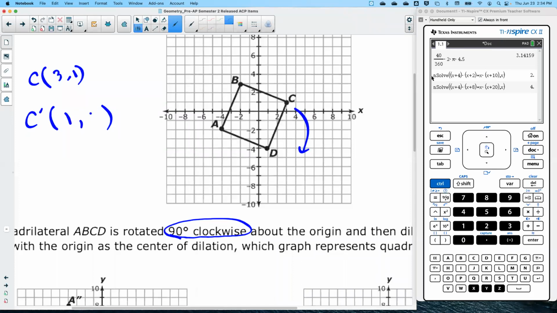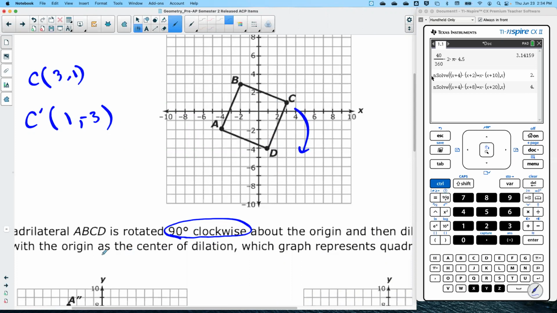In the fourth quadrant, which one's negative, the X or the Y value? So this is going to become a -3 right there. So C has been rotated to 1 to the right, 3 down. That's the new spot for C.